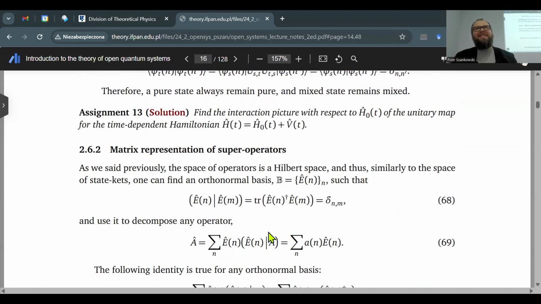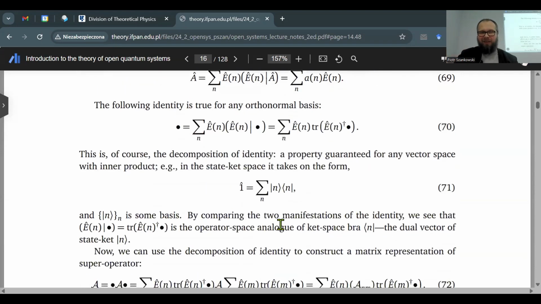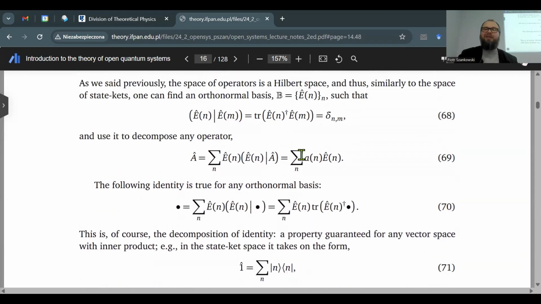There are bases. Vector spaces have bases, orthonormal bases, even if you have an inner product. Well, we have a vector space or Hilbert space of operators now where the density matrix lives. You can have bases there as well. You have bases, you can define the matrices, matrix representation, and stuff like that. But details I leave for next week, unless you want to view it yourself in the script.